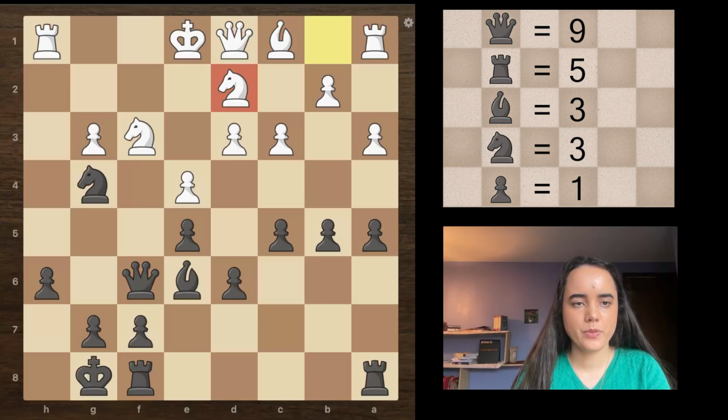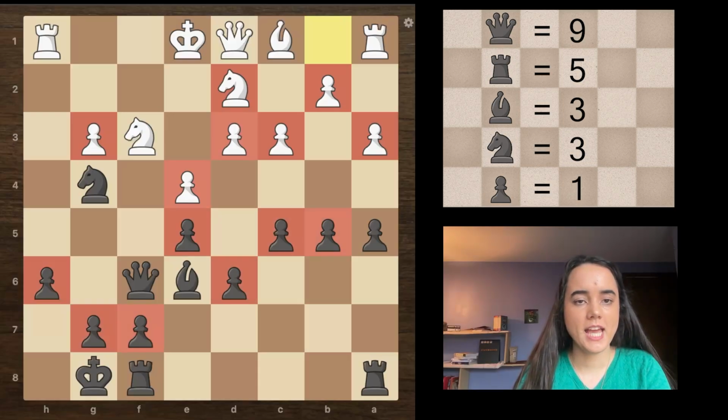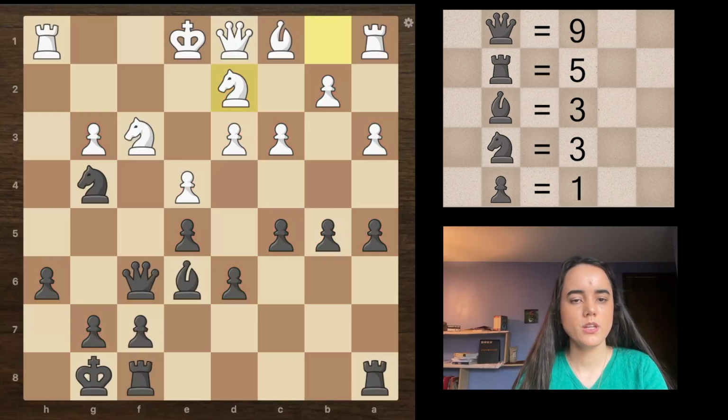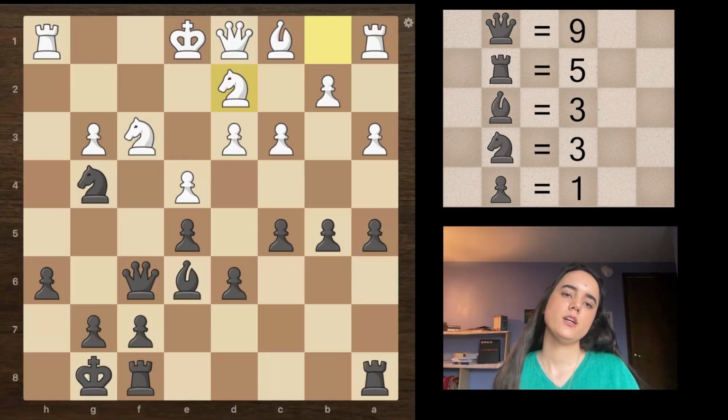So he's got 3, 4, 5, 6, 7, 8, 9. And we've got 1, 2, 3, 4, 5, 6, 7, 8. So it looks like we need 2 points of material to be ahead.